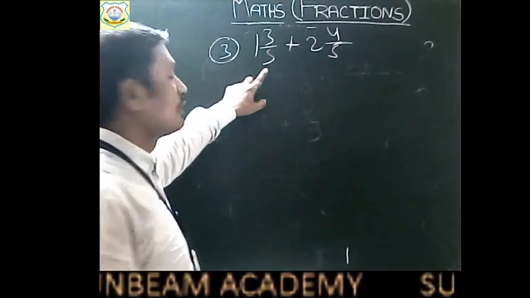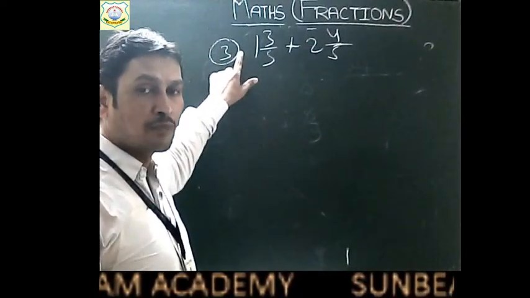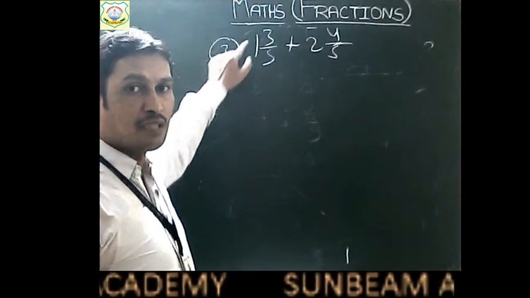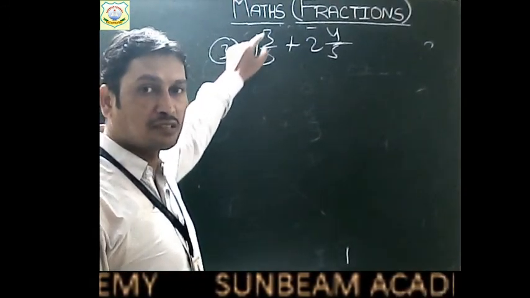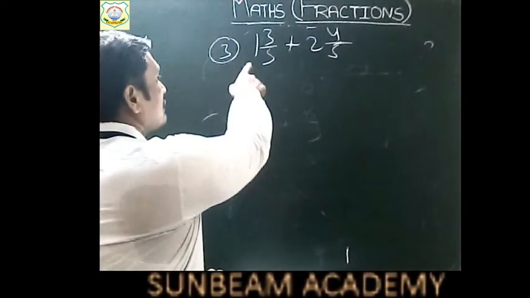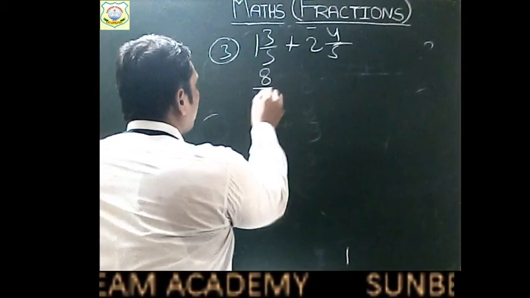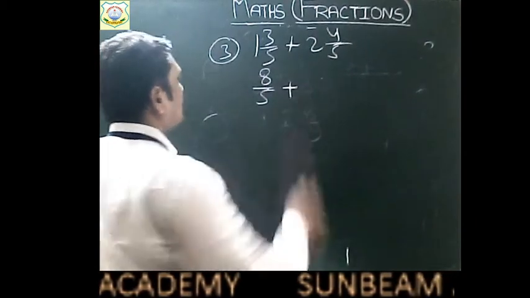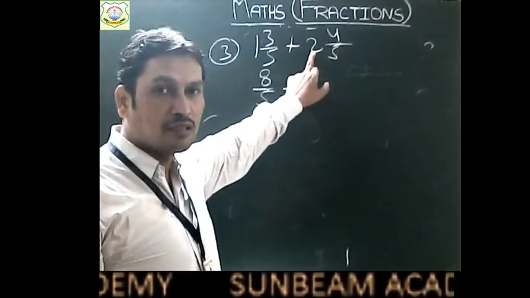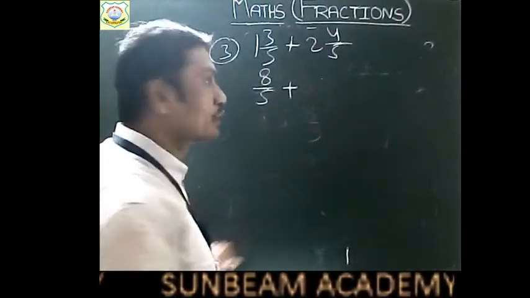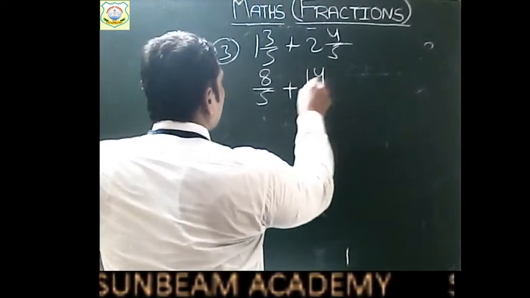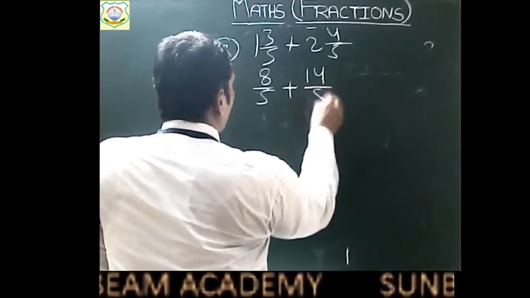How do we convert? Multiply the denominator with the whole number part. 5 ones are 5, plus the numerator 3 gives 8. We get 8 out of 5. Plus here 5 twos are 10, 10 plus 4, 14. You get 14 by 5.